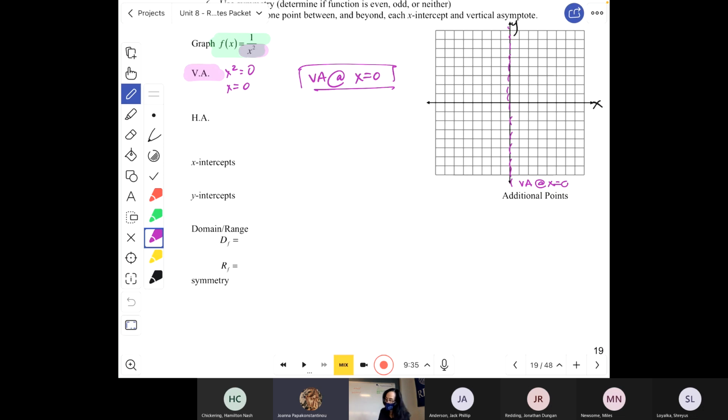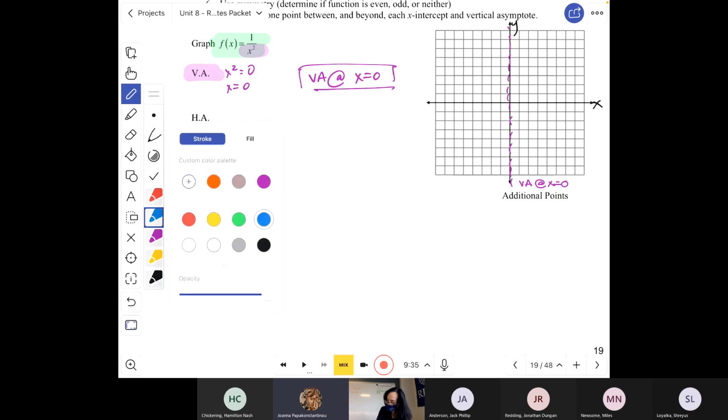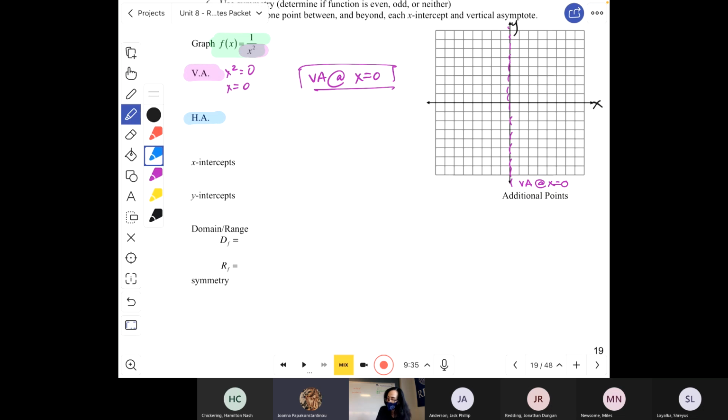At a minimum on your graph, draw a dotted line and write VA for vertical asymptote. Now, what might be the next thing that I want to look at? Well, the horizontal asymptote, why not? How do I determine if it has a horizontal asymptote, and if so, where is it? What am I looking at? The degree. So n, the degree of the numerator, is 0.